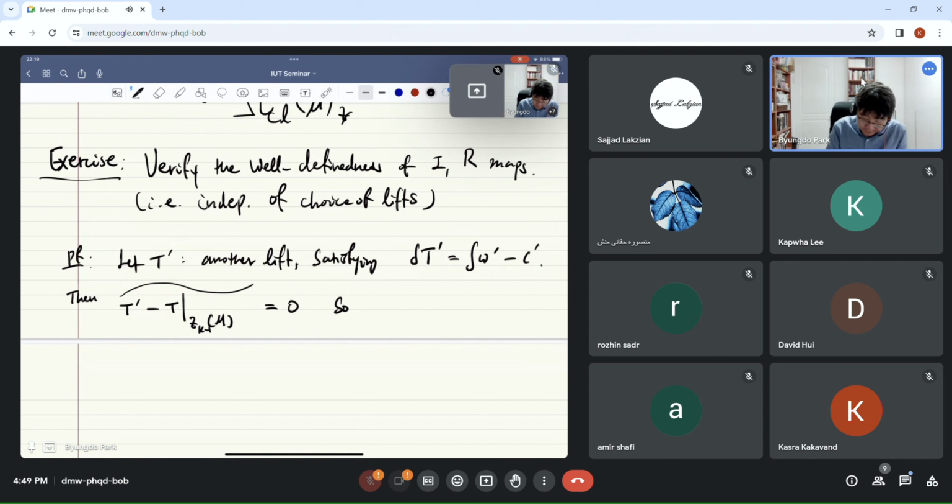Then we may rewrite this as follows: T prime equals T plus delta S plus D. Here, D is degree k minus 1 integral cochains, and then S is degree k minus 2 real cochains. Okay.